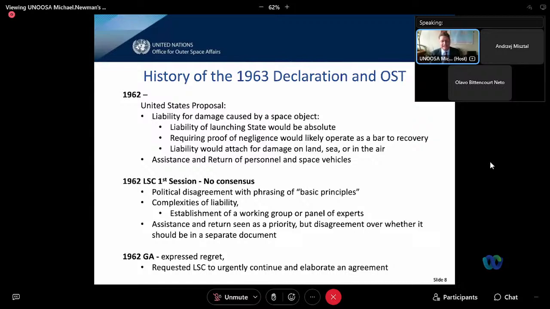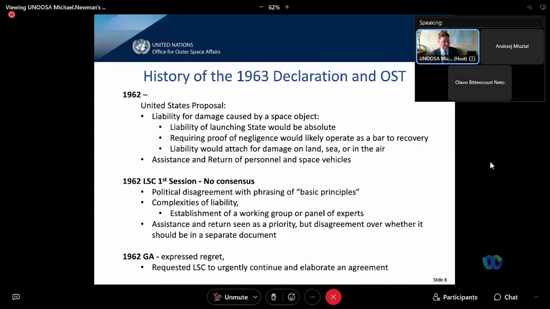With the phrasing and the basic principles, there were complexities of liability and questions of establishing a working group or a panel of experts, which is, of course, familiar to our work in the legal subcommittee, even to this day. Sometimes these take a bit of working out and are a bit difficult, and I'm sure no one is surprised that it was difficult at that time.